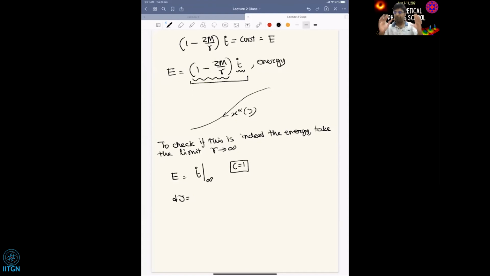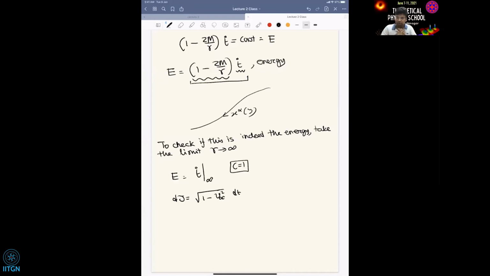So therefore, we are free to use the simple special relativistic equation at large distance. That equation is nothing but 1 minus v infinity squared, where v infinity is the velocity at large distance, into dt. Note that there is a v square by c square, and we have set c equal to 1.